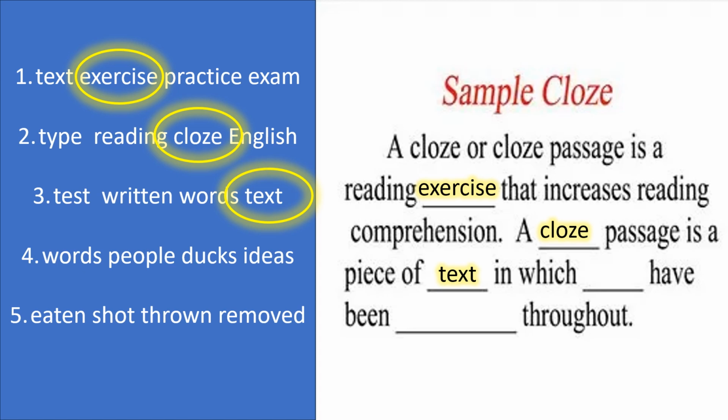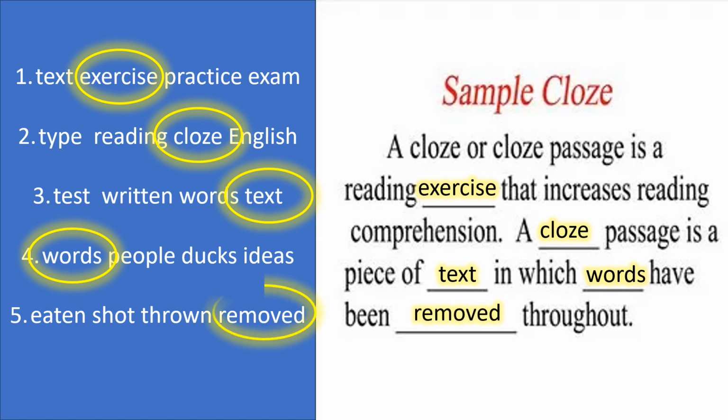It's a piece of text in which something have been something throughout, in which words, people, ducks, ideas. Obviously the answer is words have been. Well, what have they been? What have these words been? They've been eaten, shot, thrown or removed.